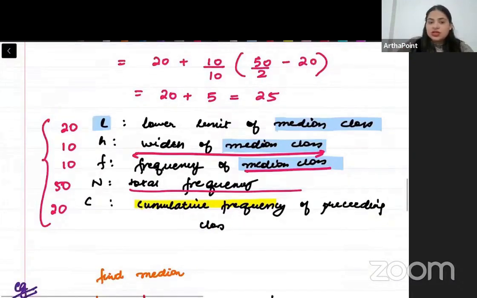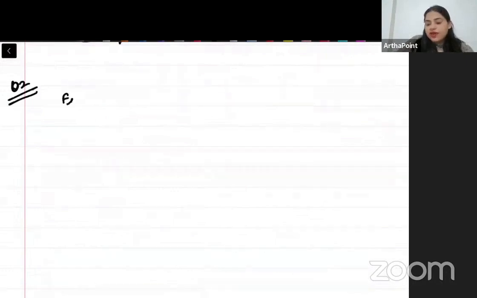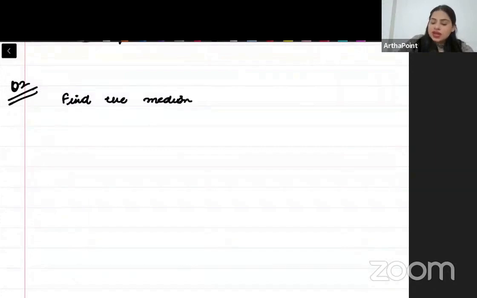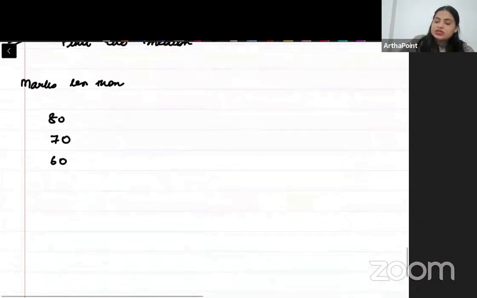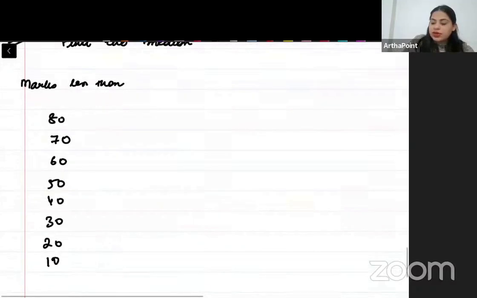Okay, beta, let us take the next question. Question number 2. So I am saying find the median. And now what I have done is, I have written here marks less than. And here I've written 80, 70, 60, 50, 40, 30, 20, and 10.